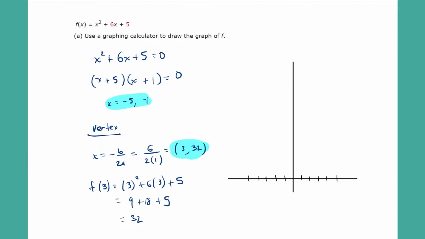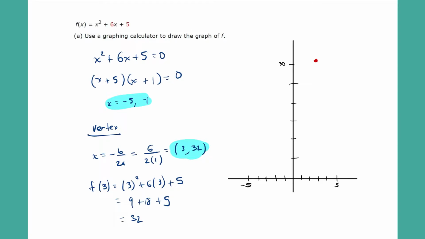I'm just going to go by 5s: 5, 10, 15, 20, 25, 30. All right, so that's 30. This is 5, -5. So our vertex would be at 3, 32, which would be way up here, maybe about here.